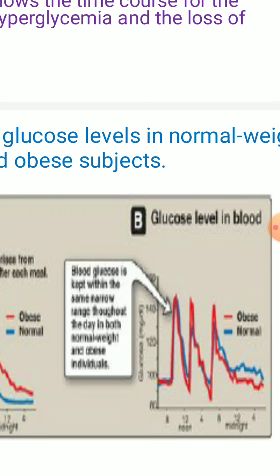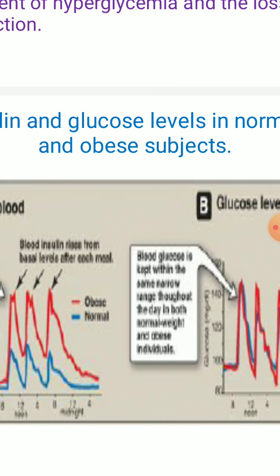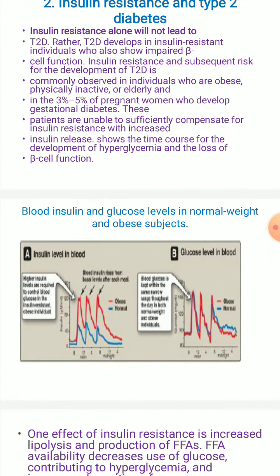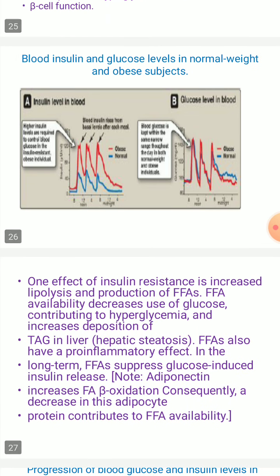Normal weight individuals compared with lean individuals, obese individuals with respect to lean individuals, you can make out the glucose level in the blood. So this is how you can see blood insulin and glucose levels in normal weight and in obese individuals, and we can make a comparison with respect to both insulin and blood glucose level.